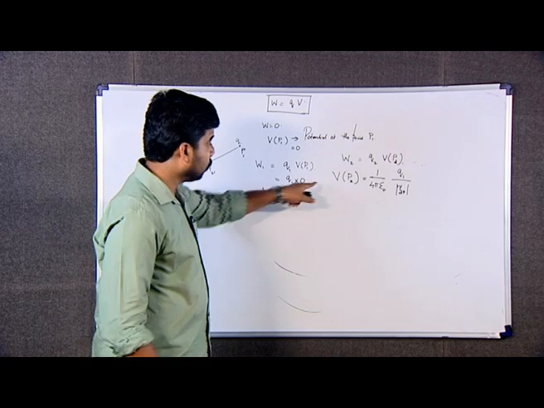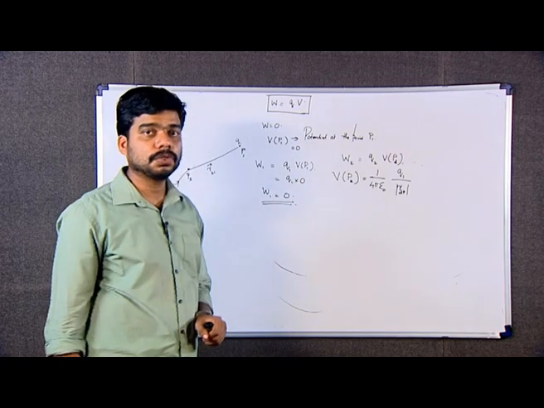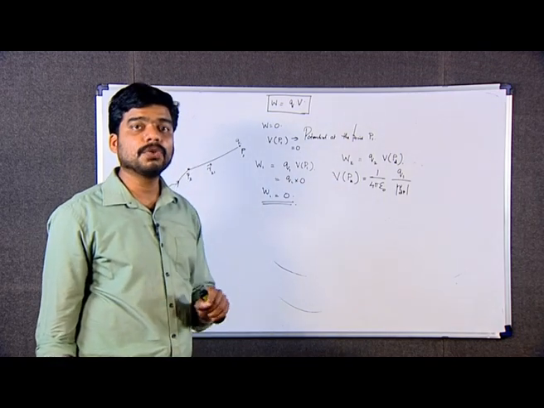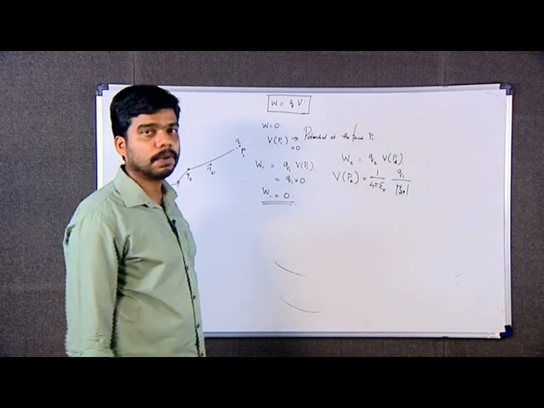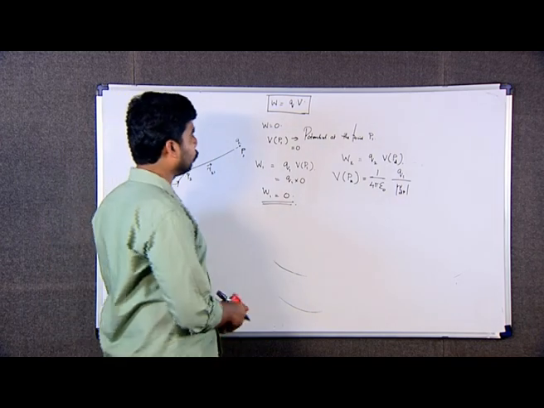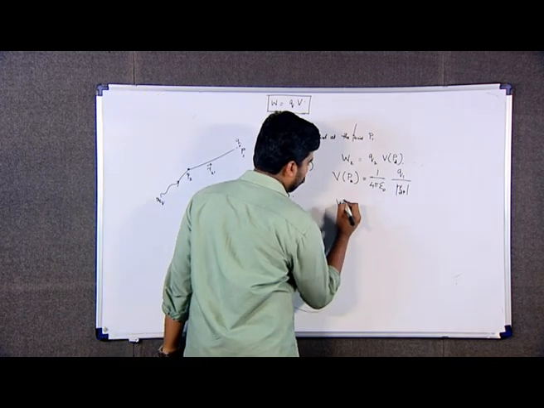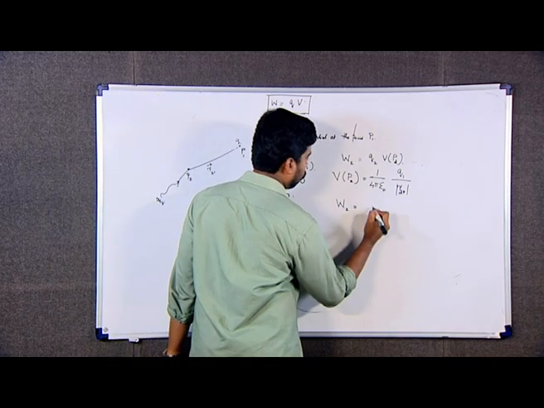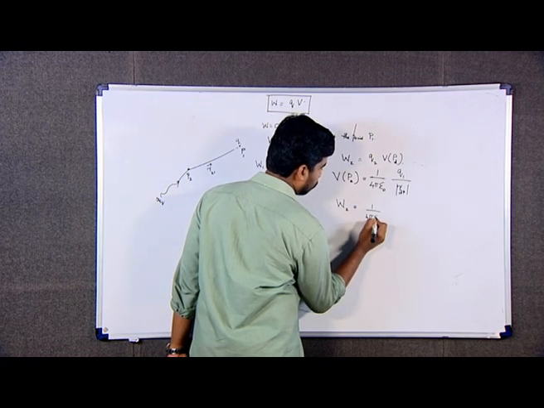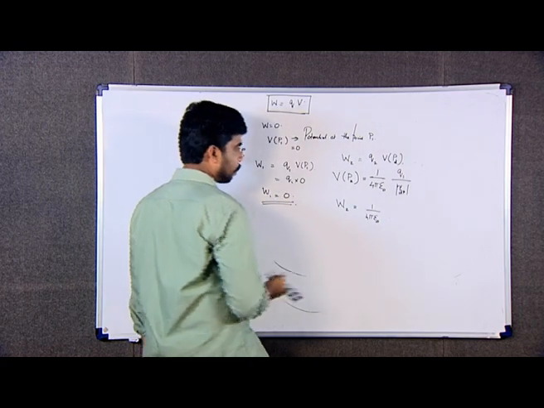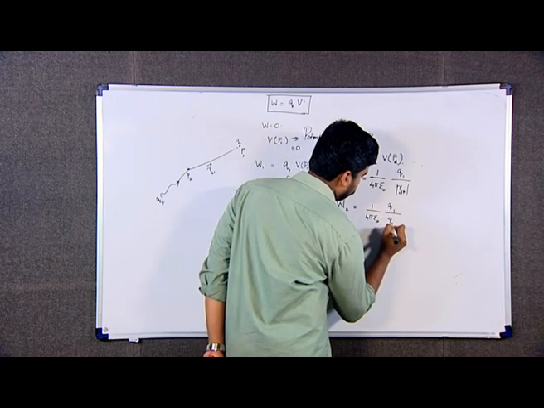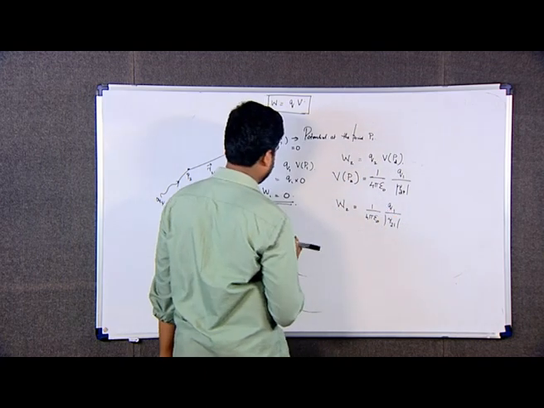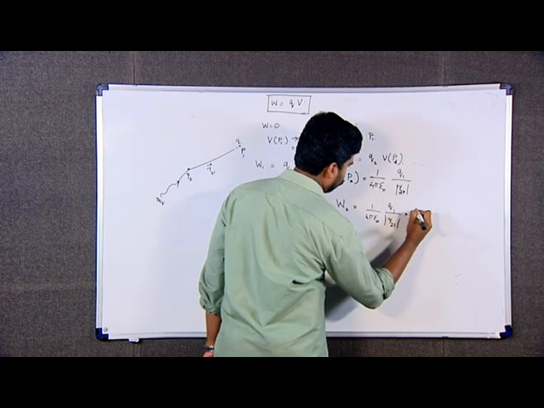Why? Because the potential at this point is due to the electric field produced by the first charge Q1. So, W2 is equal to 1 by 4 pi epsilon 0 Q1 by modulus of R21 into Q2.